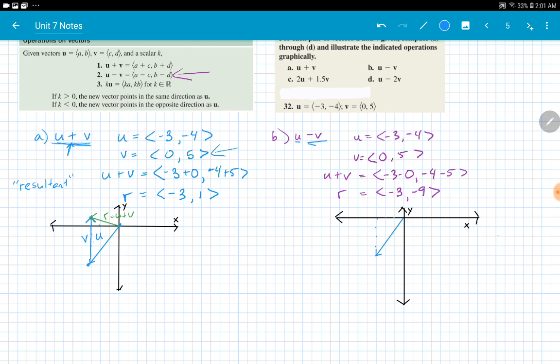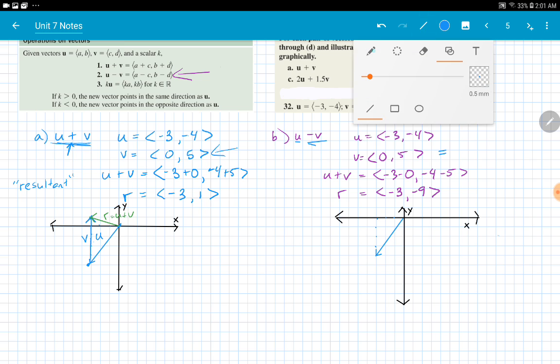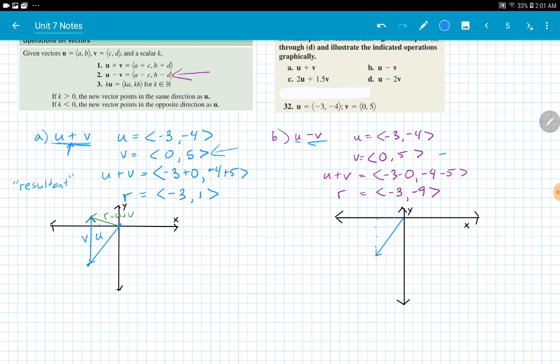So I'm going to go down instead of up. If v is 0, 5, then negative v is 0, -5. So 1, 2, 3, 4, 5.